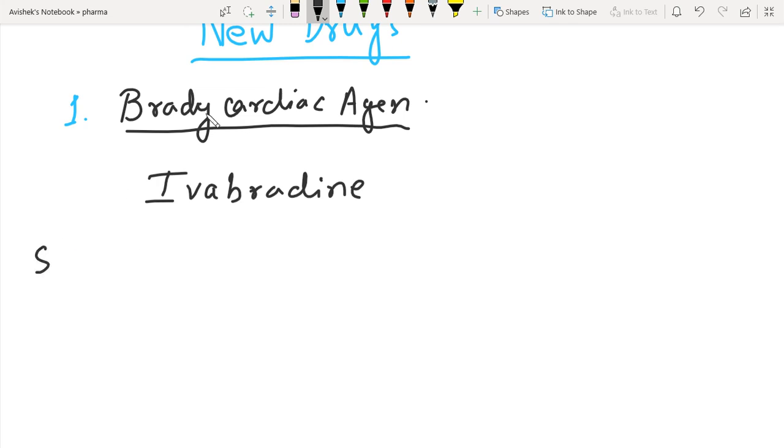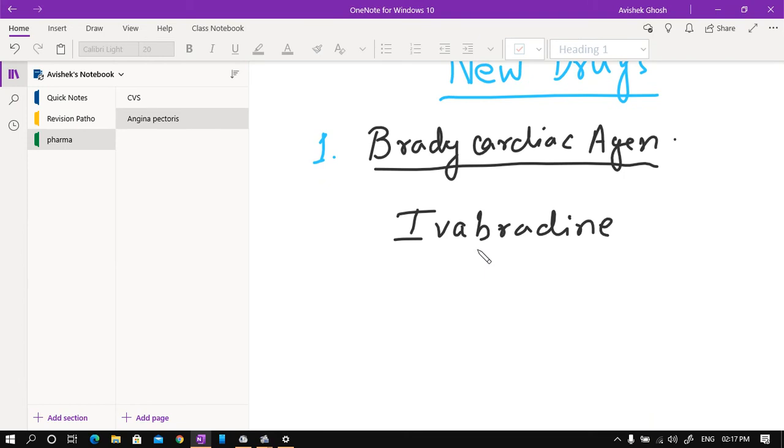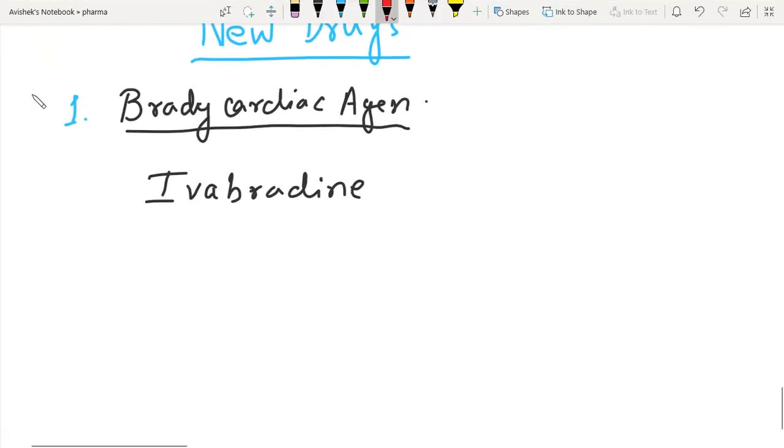This works on the sinoatrial node. In the sinoatrial node there is a sodium channel which is activated by a funny current.